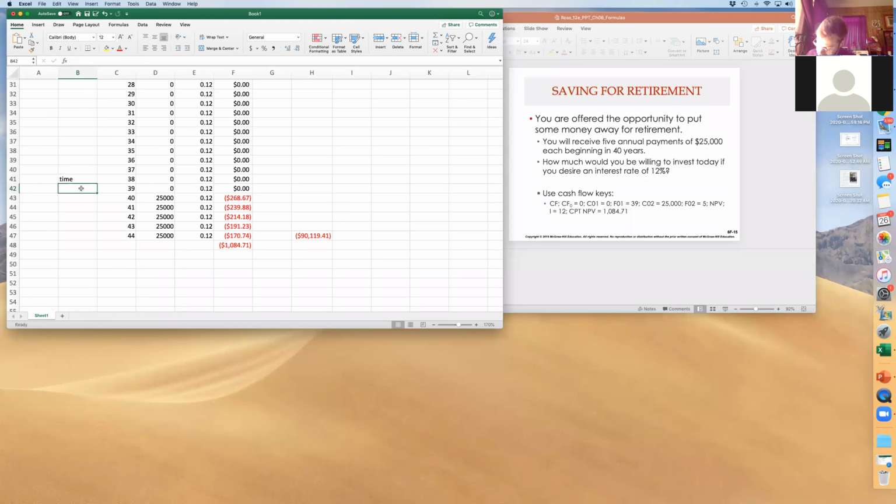So I'm going to redo a timeline here. Here's time period 0, time period 1, 2, 3, 4, and 5.